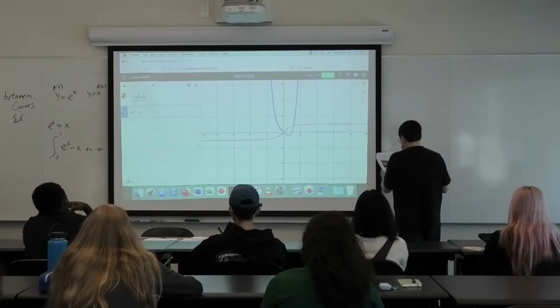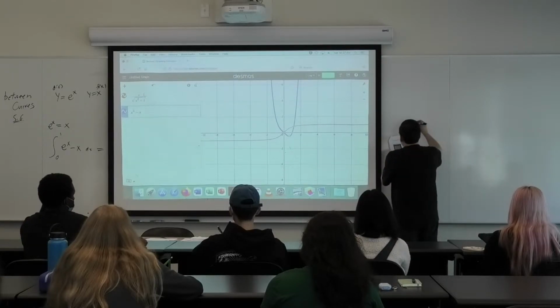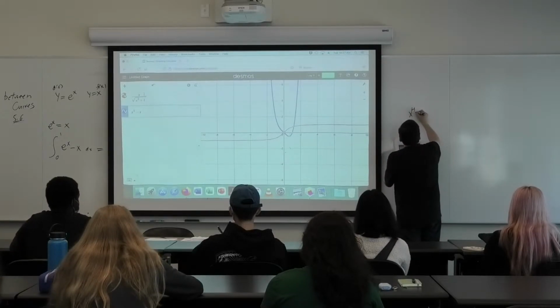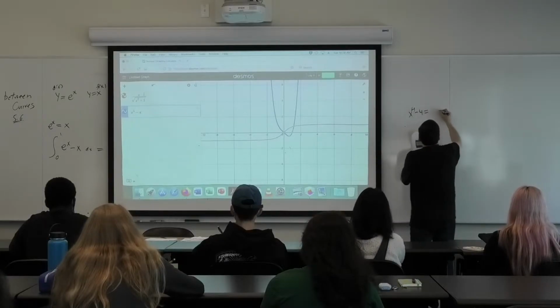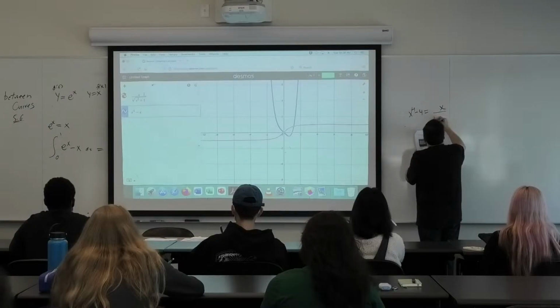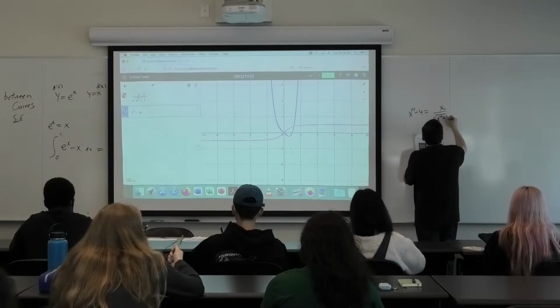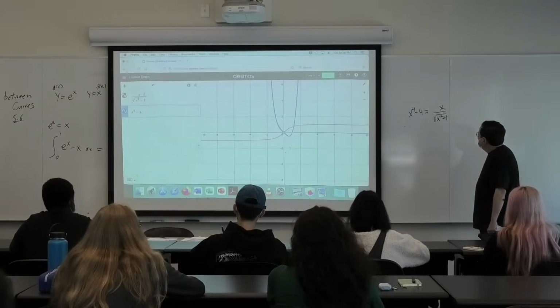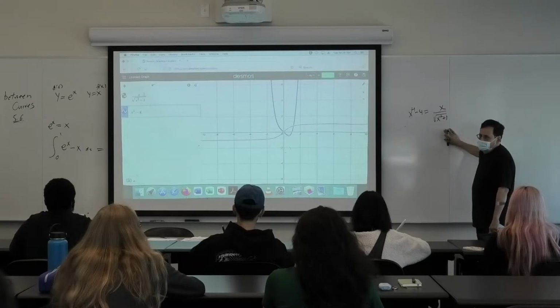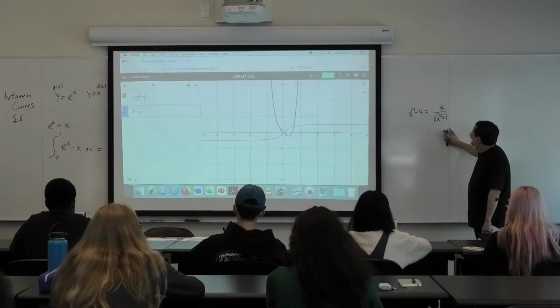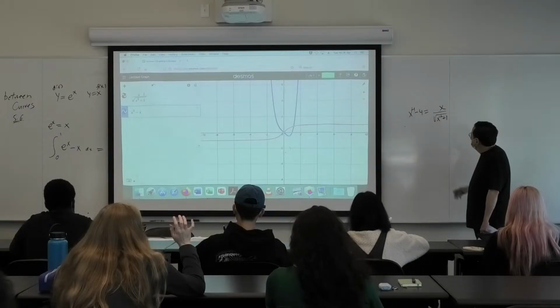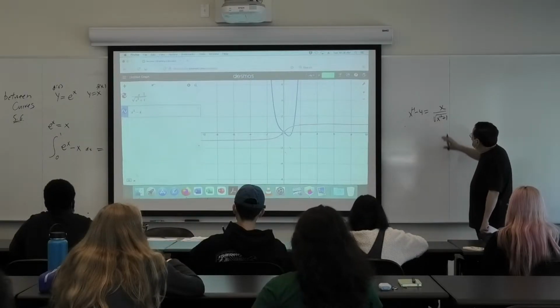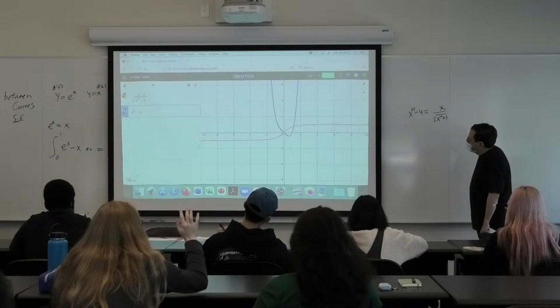Well, we have to set x to the fourth minus x equal to x over square root of x squared plus 1. Now, it could be that we want an exact answer, in which case I have to start doing some algebra and find out what values x could have here.